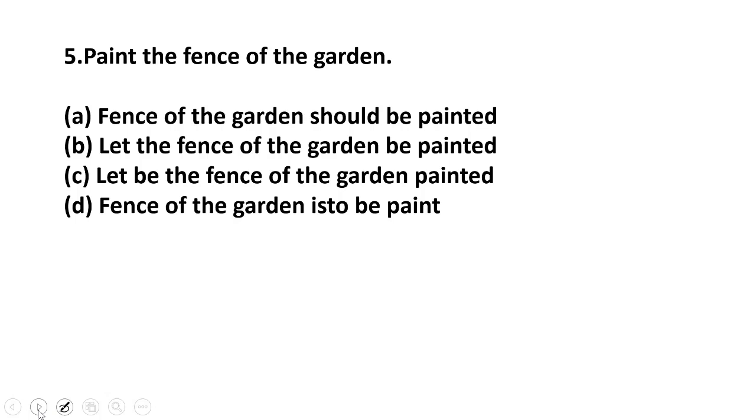Now paint the fence of the garden. Now this is also very direct. This is the doer of the action, and this is in active voice. And this is also an imperative sentence, the same as the previous sentence.